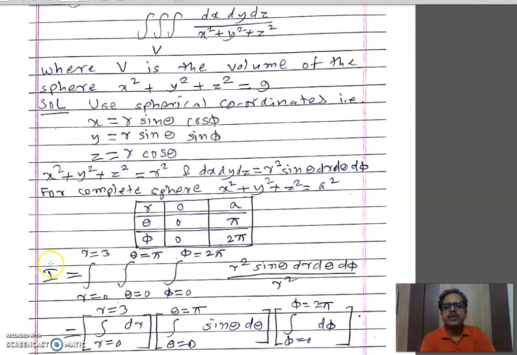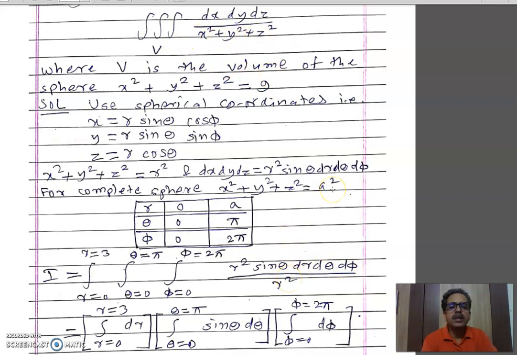So first we write the limit of r 0 to 3, limit of theta 0 to pi, limit of phi 0 to 2 pi. And here the product dx dy dz became r square sin theta dr d theta d phi, and the denominator x square plus y square plus z square became r square.